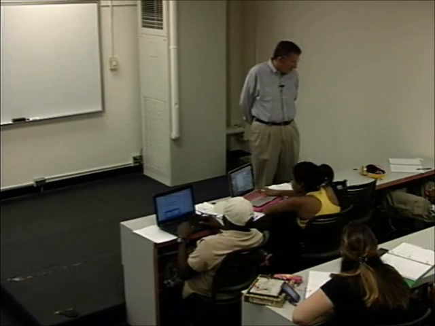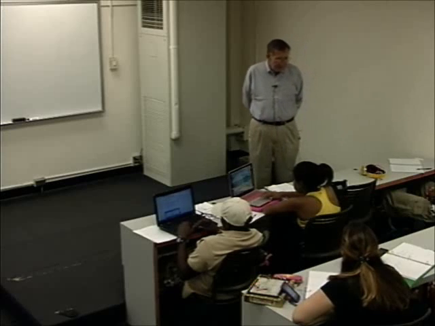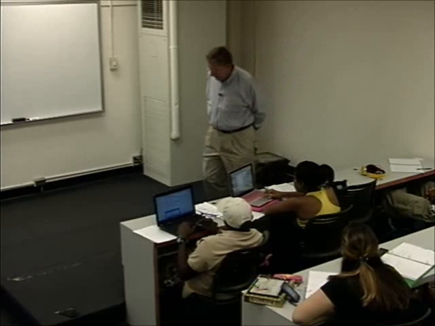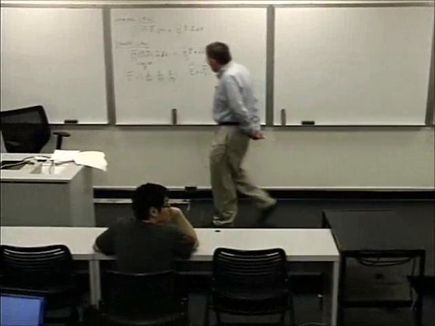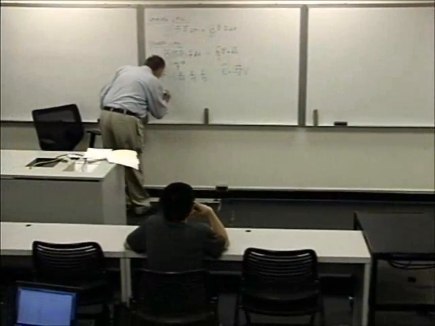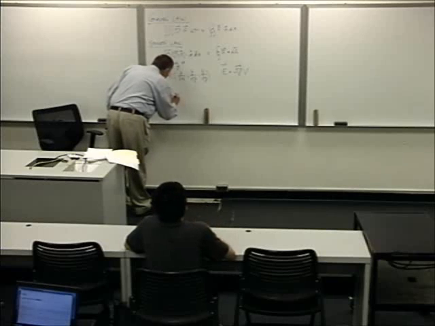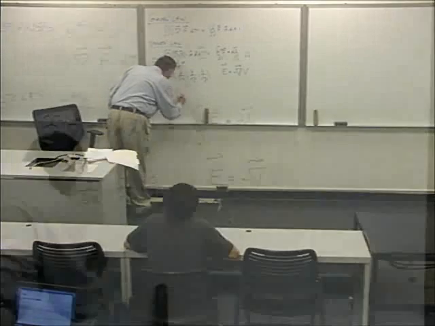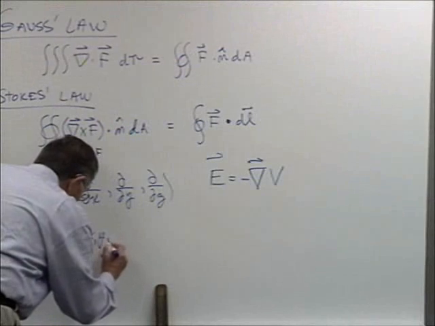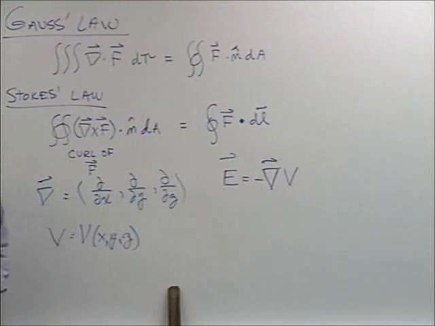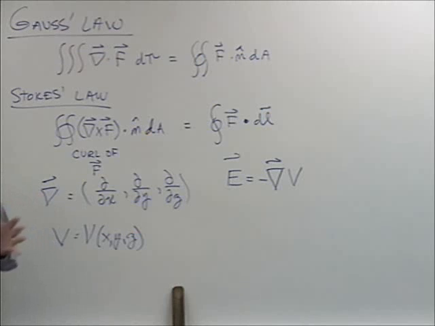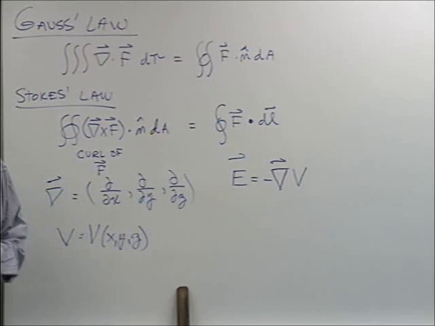Now, where does that come from? Let's say I have voltage, and let's say it's some function of x, y, z, right? How do I find the rate of change of voltage, or the total change of V?